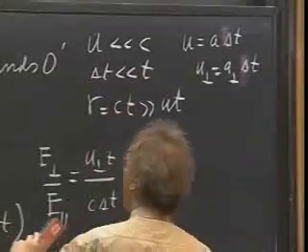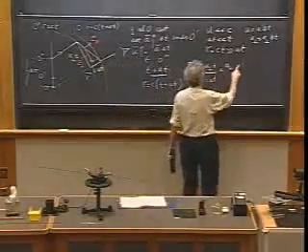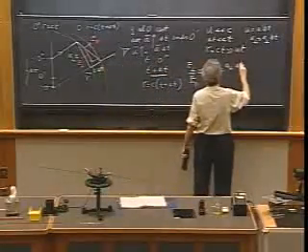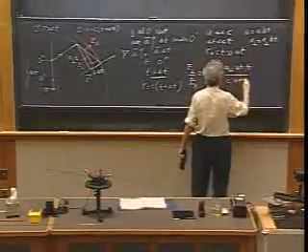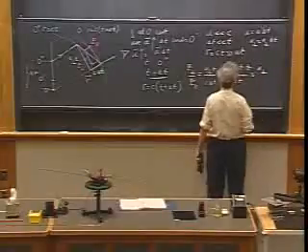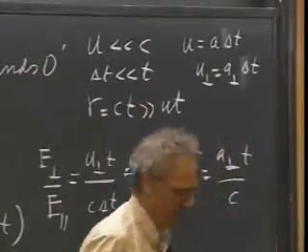Yeah? Only delta T seconds. So now I get A perpendicular times delta T times T divided by C delta T. And so that is A perpendicular times T divided by C.